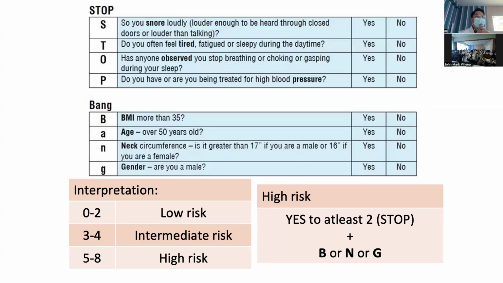Just to repeat, this is what Dr. Nopal said about the STOP-Bang questionnaire. For the S, one of the questions asked of the patient is whether the patient snores loudly, louder than talking voice, heard through closed doors.